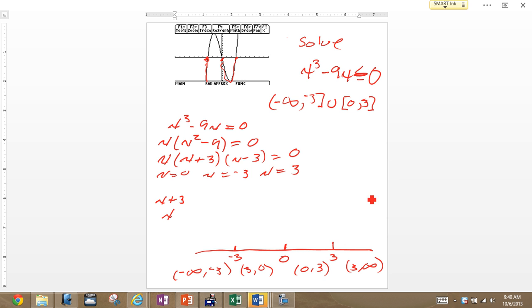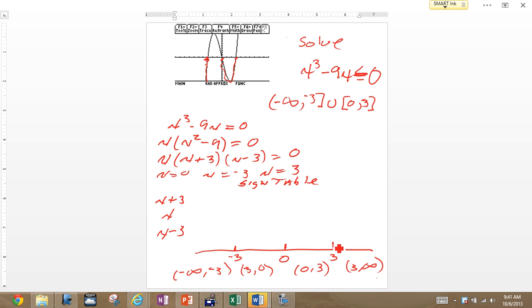And lastly, the factor from which we get x equals 3, which comes from the x minus 3 factor. This is called a sign table. What we're going to do is check the positive and negative nature of each of these factors in each of these intervals.